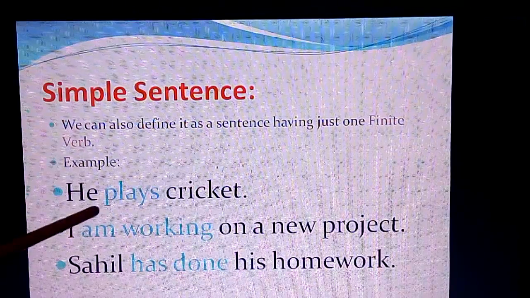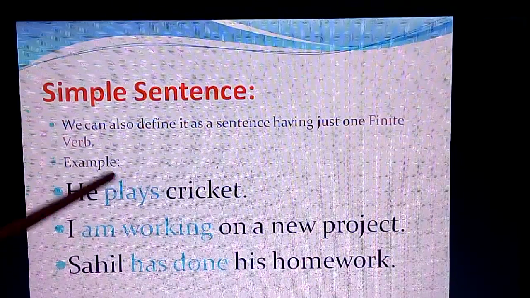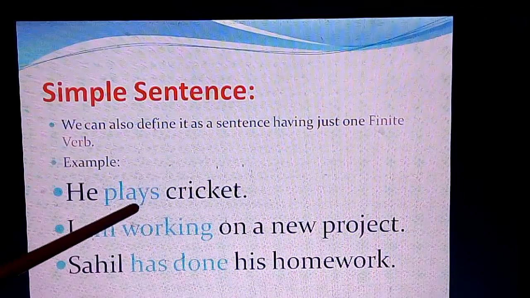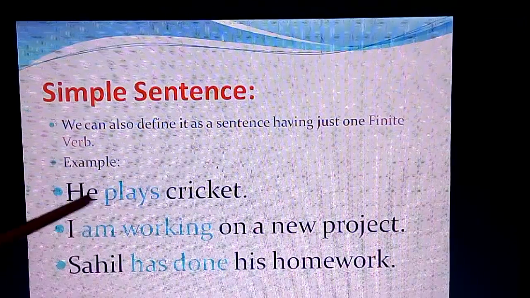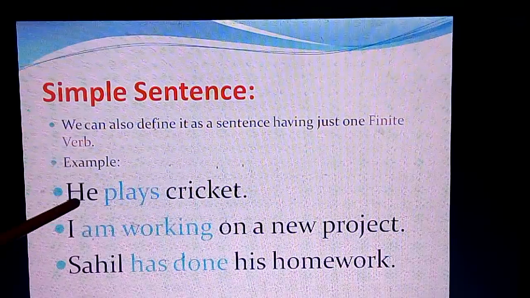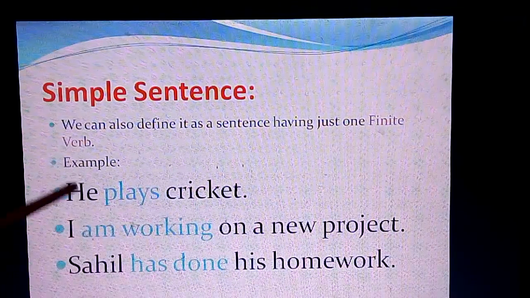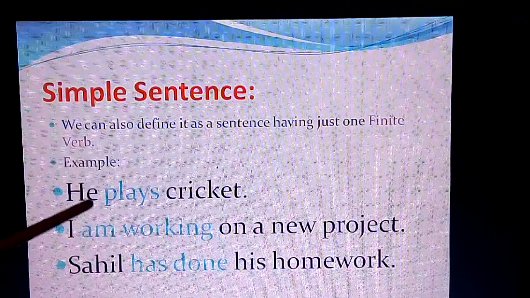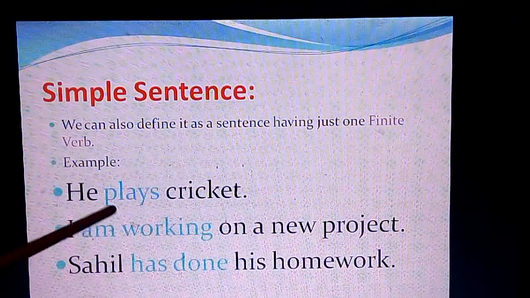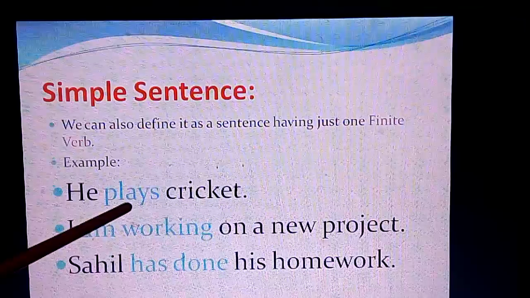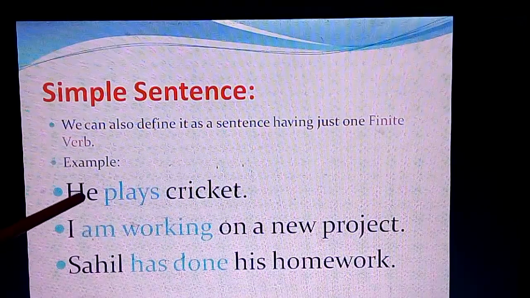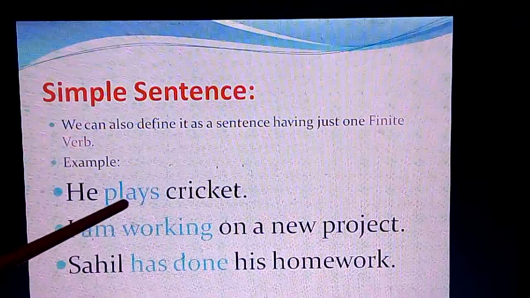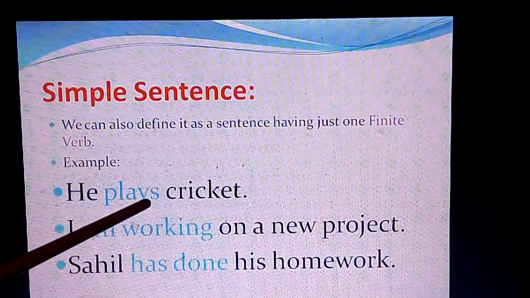So what is a finite verb? Just to refresh your memory, it is the verb that is taken in accordance to the subject. He plays. So we cannot say he play, right? If we want to make a sentence of simple present with subject he, then the finite verb will be plays, not play.